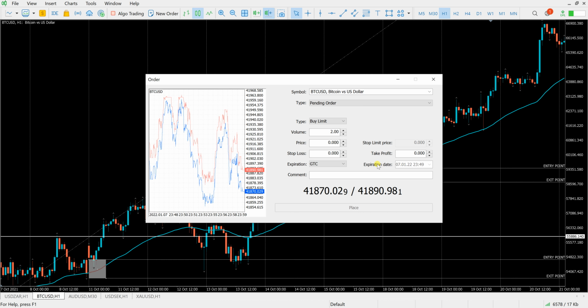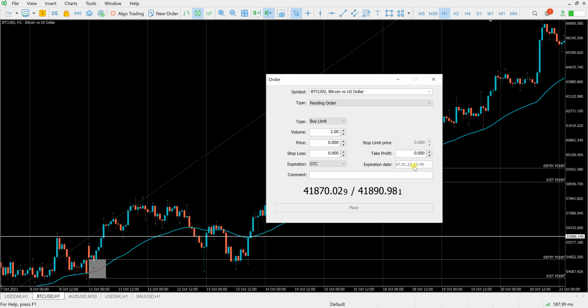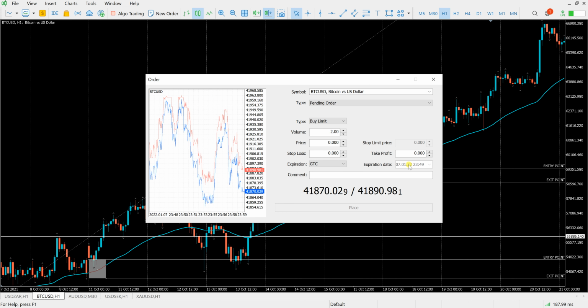You can also set an expiry date, so that if you are not triggered the next day or the following day, the order expires, and you see the order disappear or you cancel it.